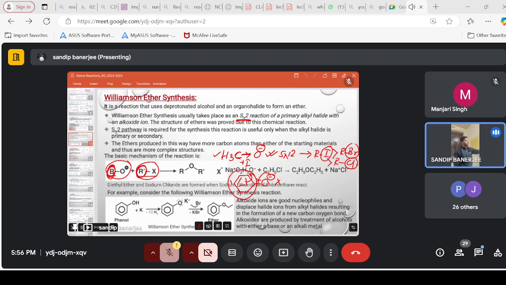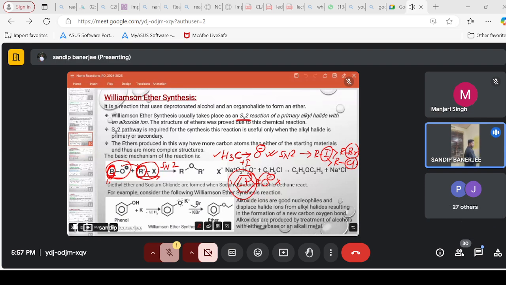Because the reaction is running via the SN2 pathway, and in this Williamson ether synthesis, your substrate is nothing but the alkoxide. It might be aliphatic or aromatic. It will participate in the SN2 reaction. That means it will attack from the backward side, and by this way, the nucleophile X minus will get eliminated.